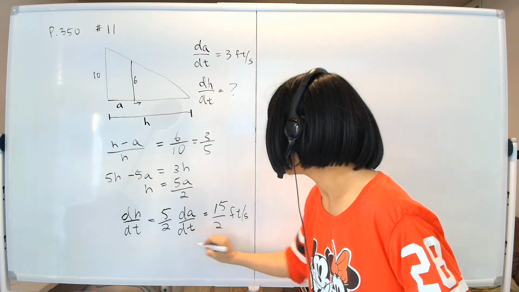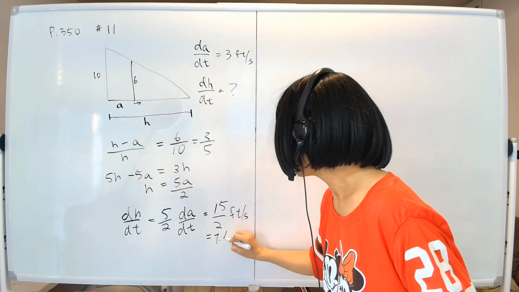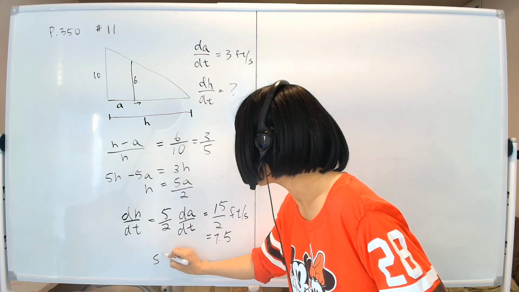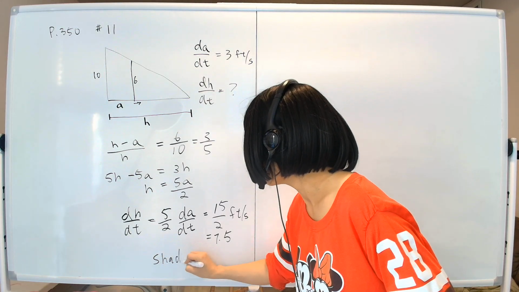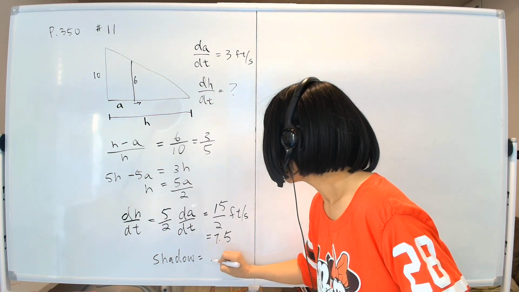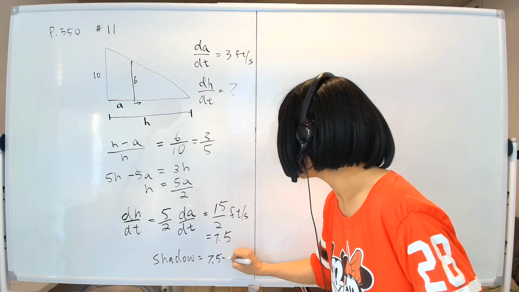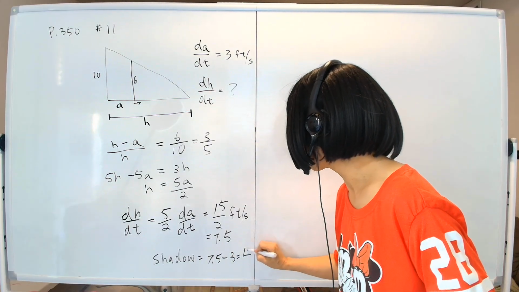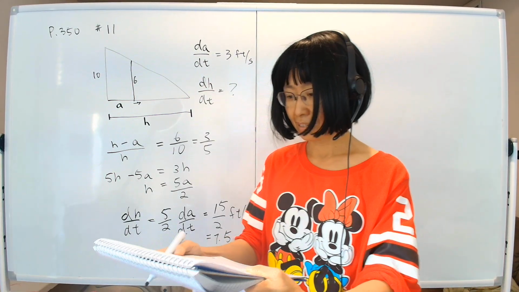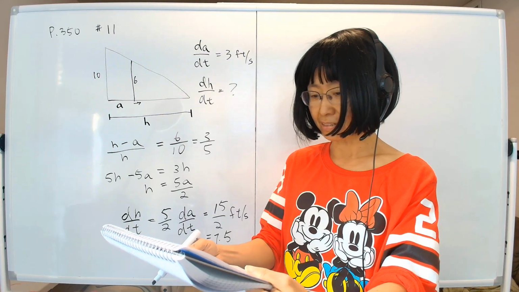The shadow moving away from the guy is 7.5 minus 3, which equals 4 feet per second. That would be the answer.